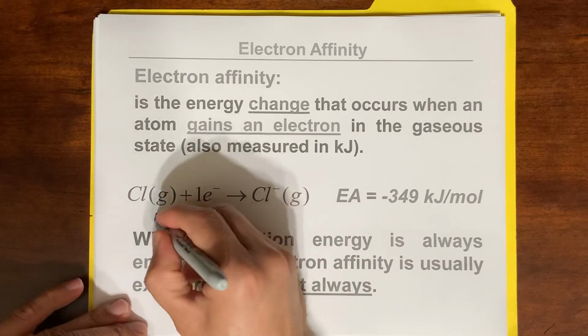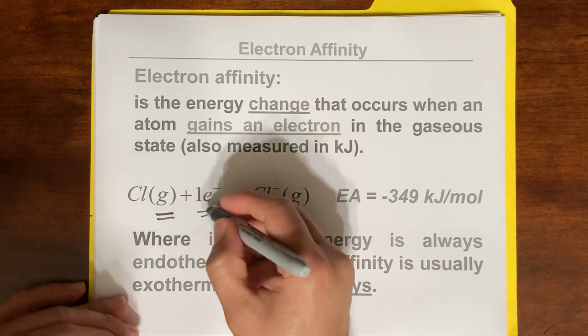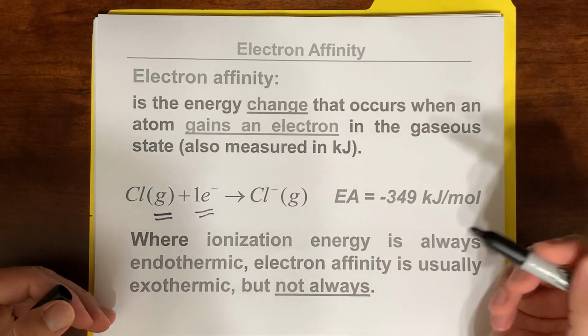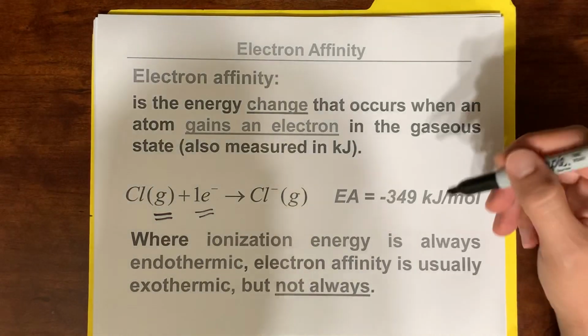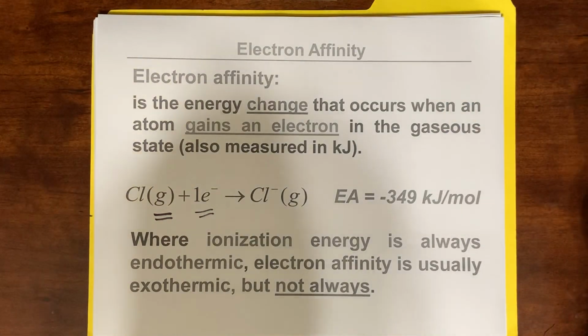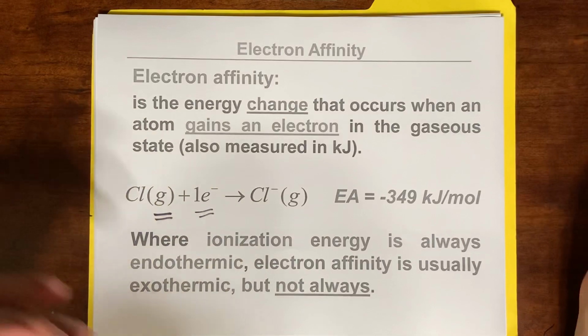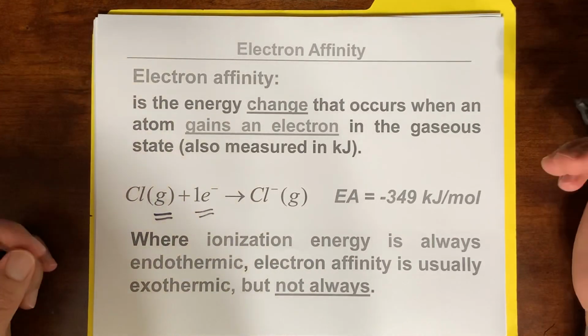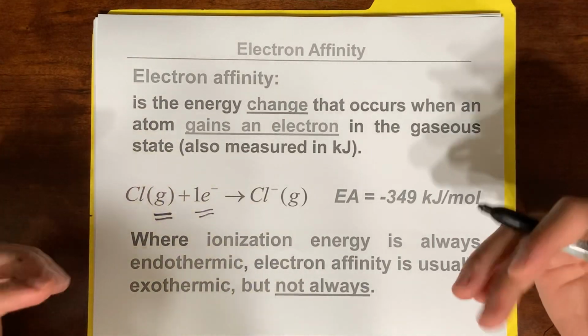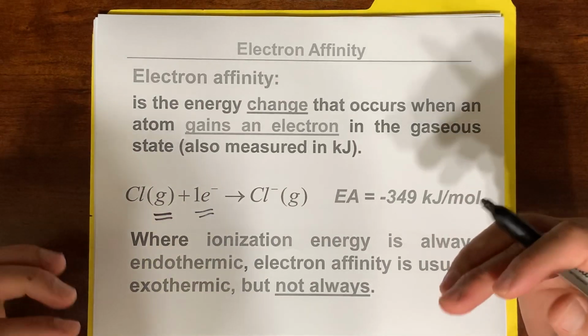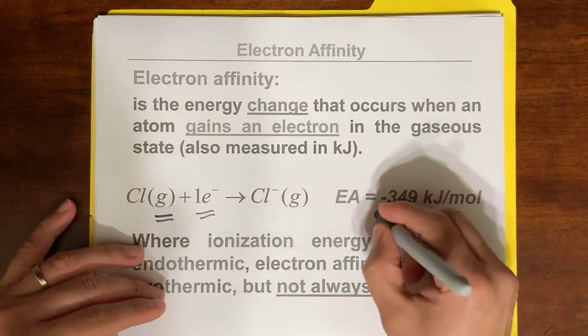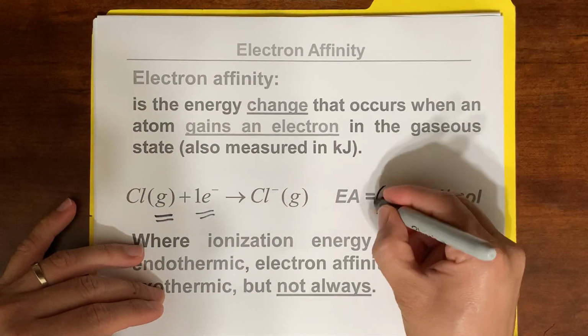That's going to be electron affinity. It is negative, not positive. Because it's negative, that means the system is getting more stable. And because it's getting more stable, it will release or emit energy. And that's the reason you see it is negative.